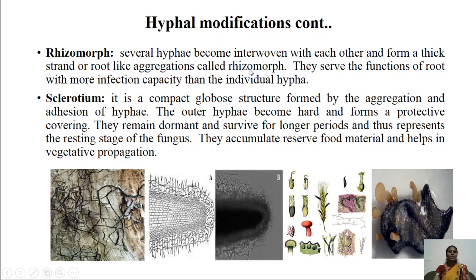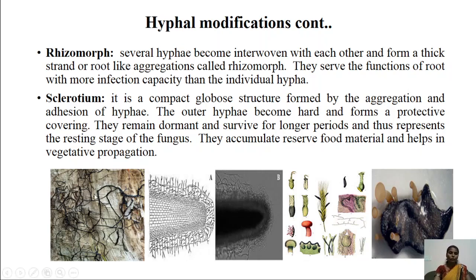Then coming to the third type of hyphal modification, that is rhizomorph. As the name indicates, rhizo means root and morph means form. So in its external structure, a rhizomorph looks like the root of a plant. Several hyphae become interwoven with each other and form a thick strand or root-like aggregation called rhizomorph.